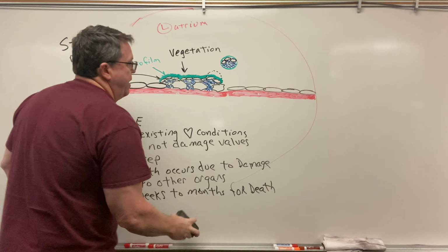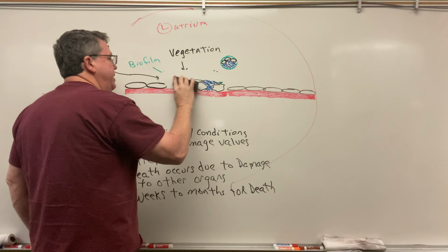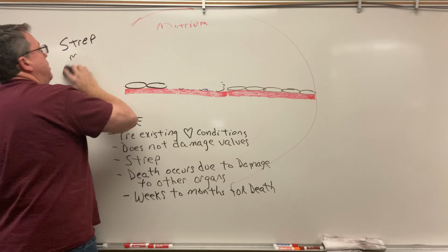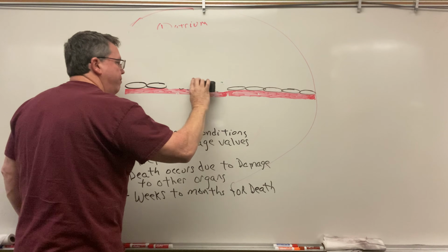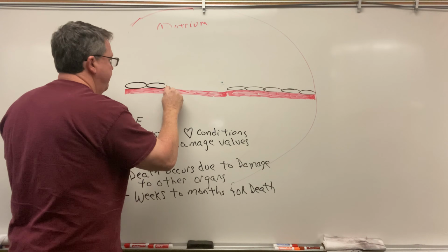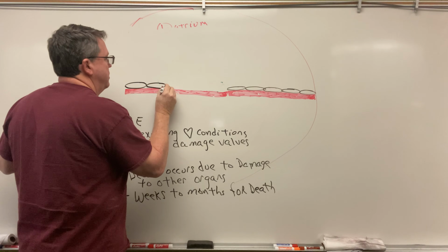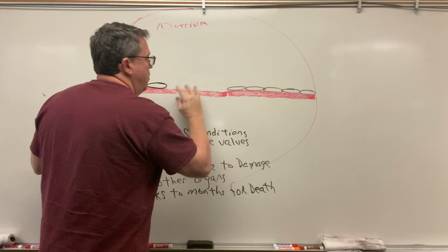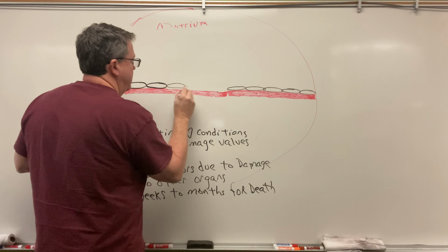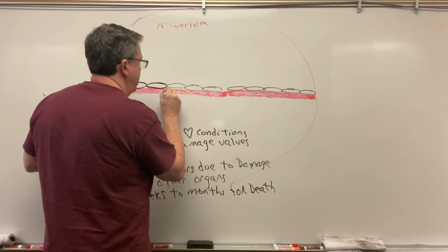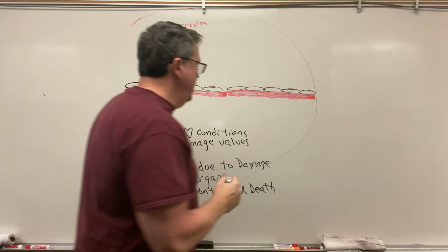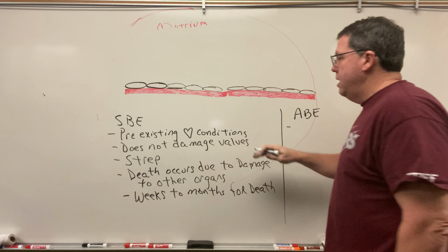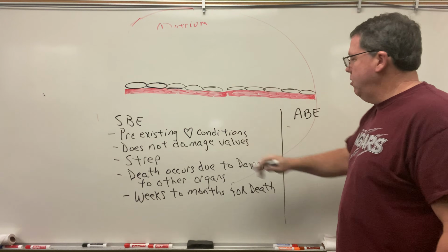Now let's look at acute bacterial endocarditis. So what I'm going to do now is I'm going to erase all this. And now there's some differences. All right, so now, in acute bacterial endocarditis, this one has pre-existing heart conditions.